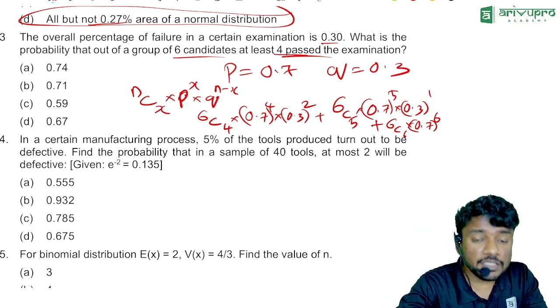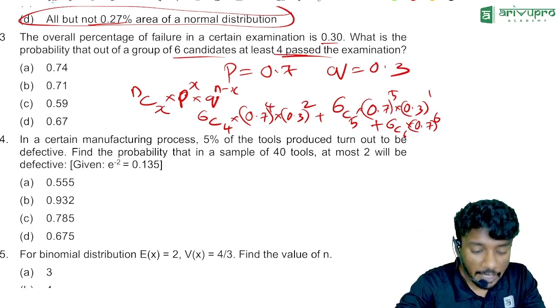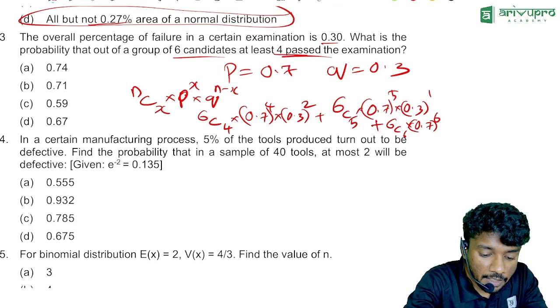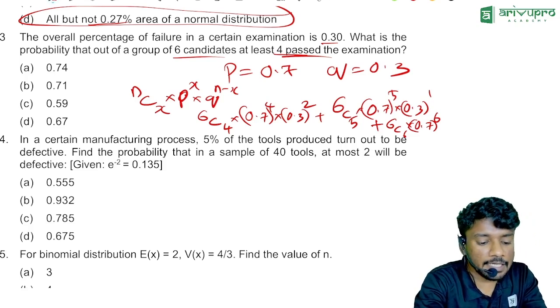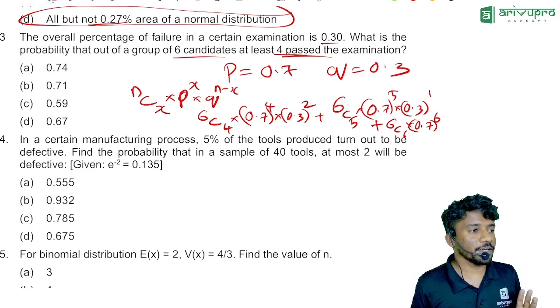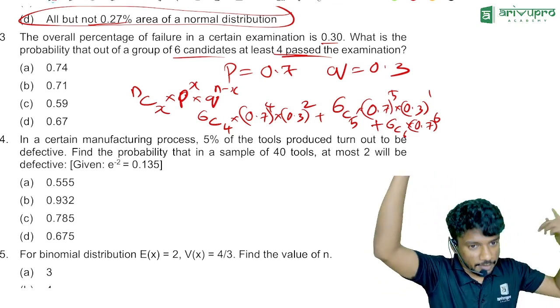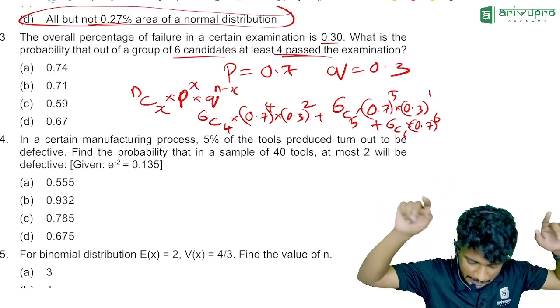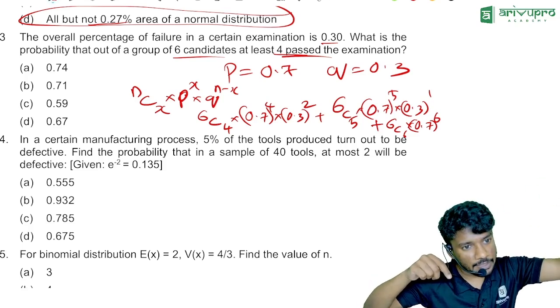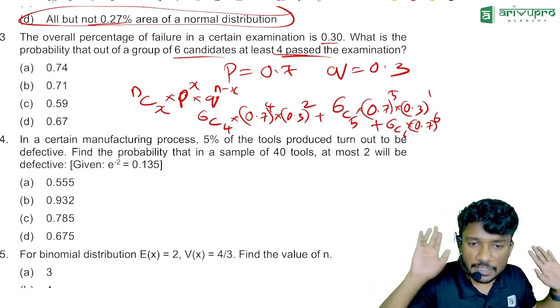Then multiply it with 15. Then multiply it with 0.3 into 0.3. Then click M plus. Did you understand? We found 0.7 into equal to 3 times, then into 0.3 into 0.3 into 15. Then M plus we clicked.